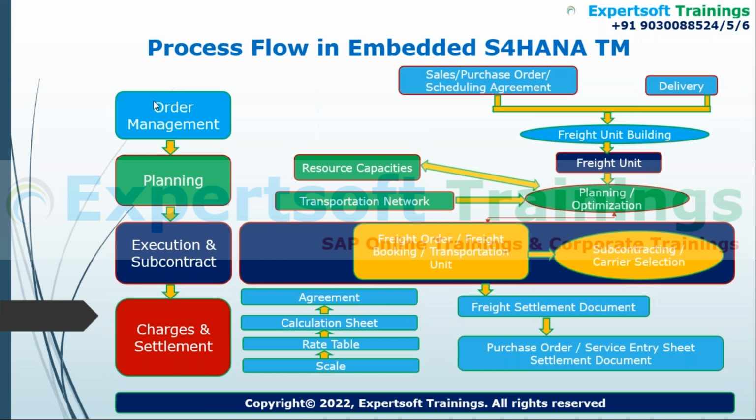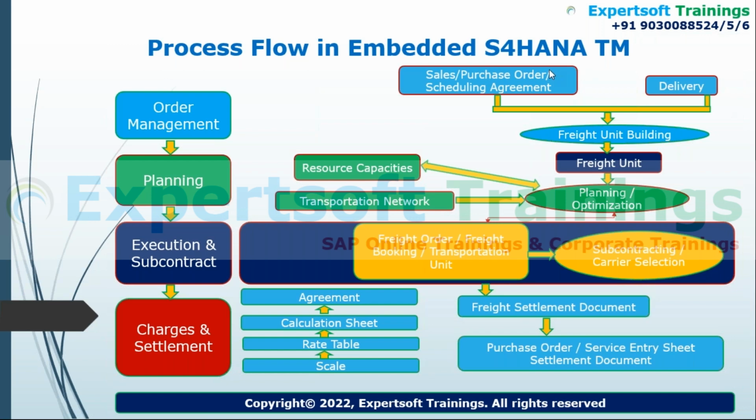The input to transportation, the demand, the request to transportation, comes from the source system, which is the ECC system. That's where the order management is. In ECC you create a sales order, a purchase order, an agreement, a stock transport order, an outbound delivery, an inbound delivery.